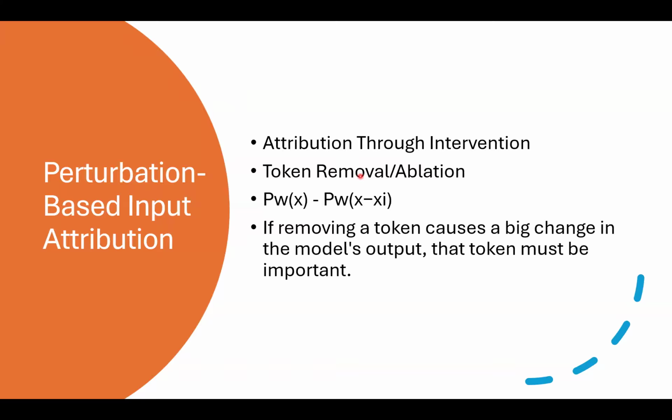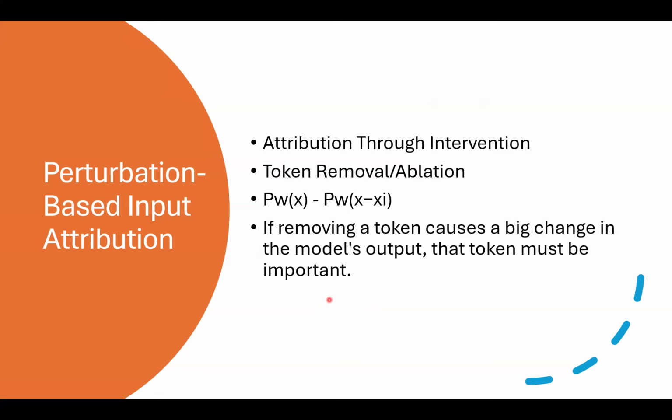I will manually do that, or have a heuristic or a for loop that runs over the entire prompt, ablates each position, and then sees the change in the probability of the output. The more the probability decreases, the more influence that token has on the model's output. So this is a manual, easy way of doing it: you just ablate the token.